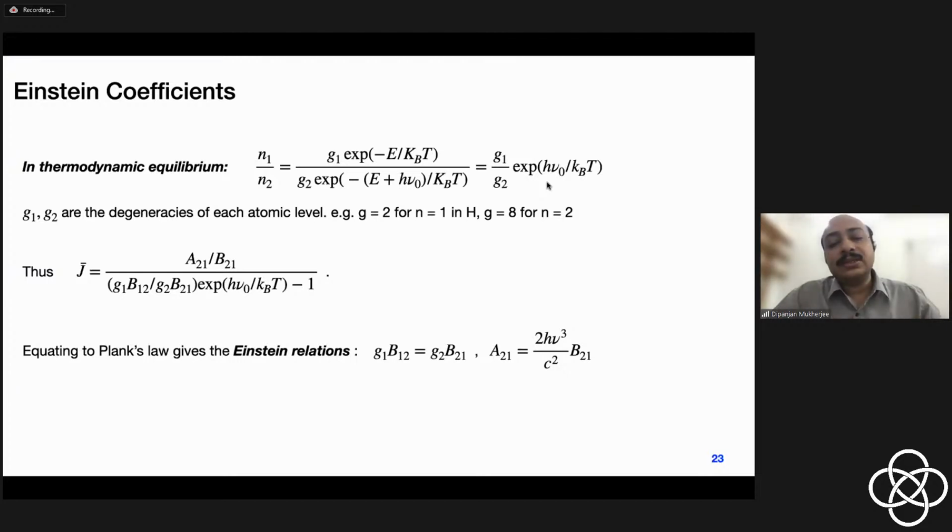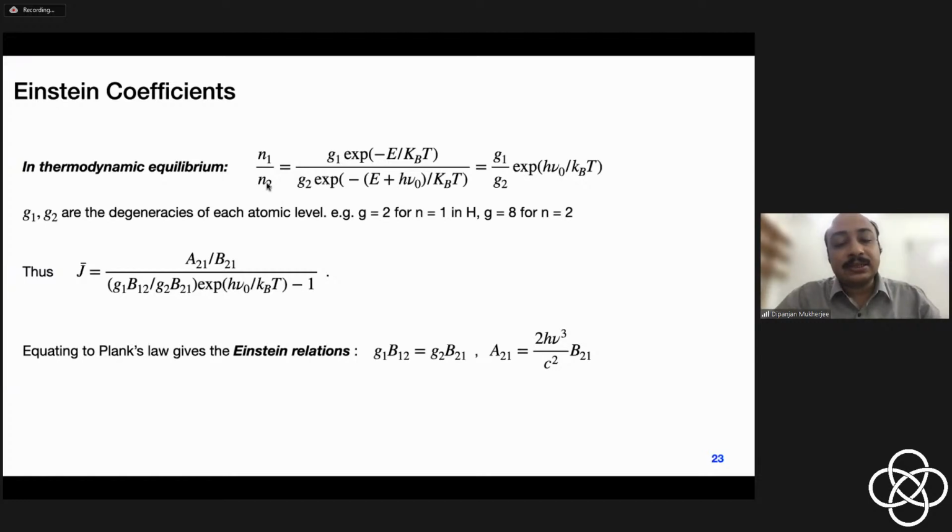But what this essentially shows is that the probability of a system to lie in a given state with a given energy is exponential minus E by kT.